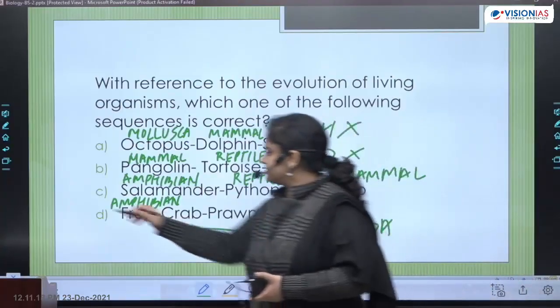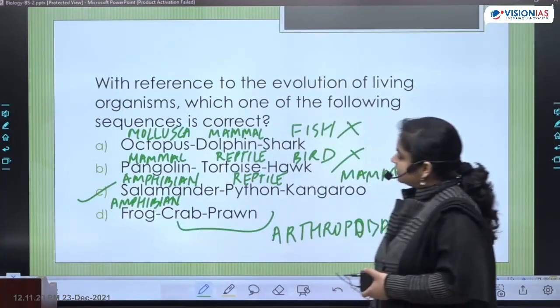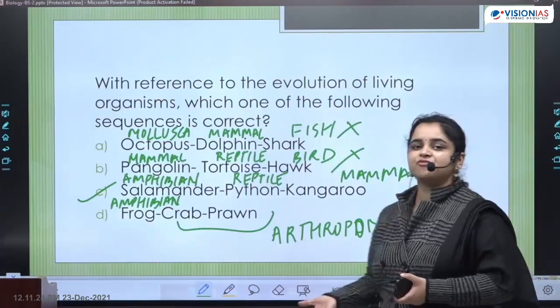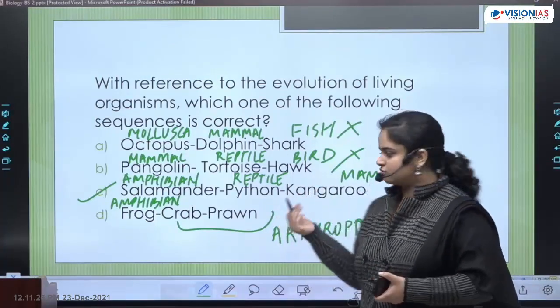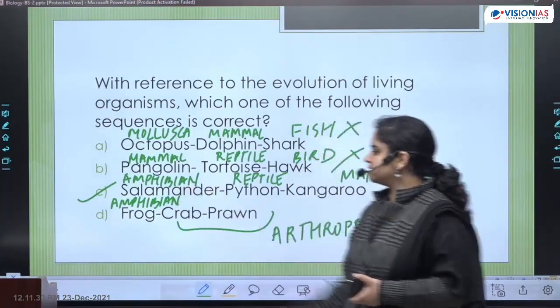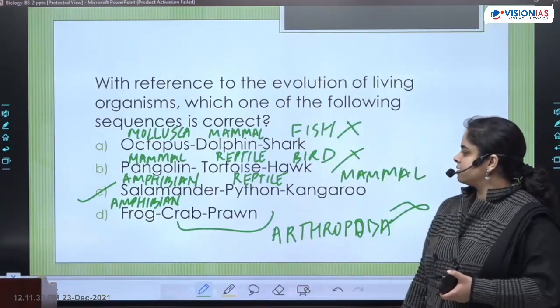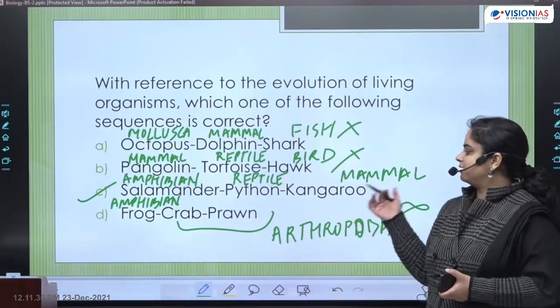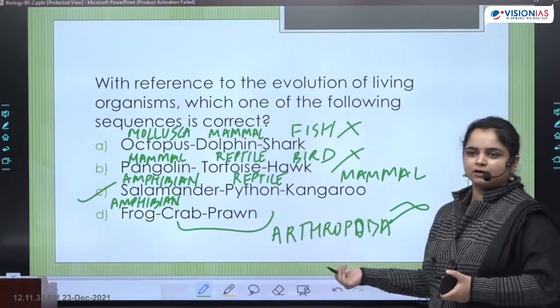Yes, this sequence is correct. Then the last one, amphibian and arthropod. Arthropods came way earlier. So this is absolutely incorrect. The answer is C, amphibian, reptile, mammal, or salamander, python and kangaroo.